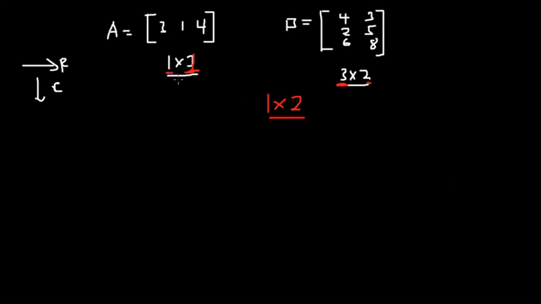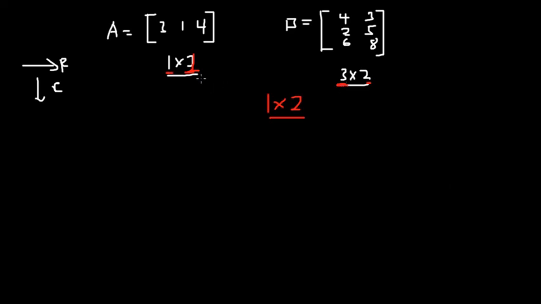Whenever you want to know whether two matrices can be multiplied, the columns of the first matrix have to always equal the rows of the second matrix.